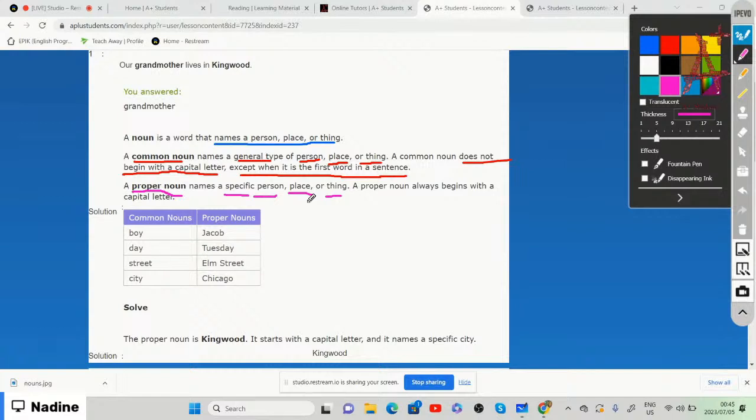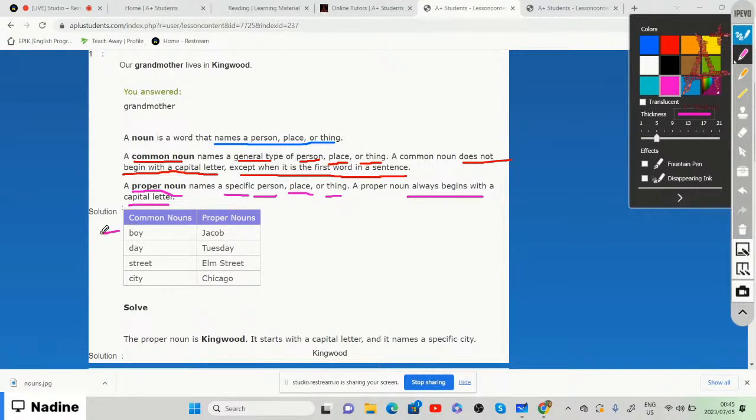Instead of just saying thing, we're going to name the specific thing by its name. So a proper noun always begins with a capital letter. So a proper noun names people, places, and we need to write that with a capital letter, right?